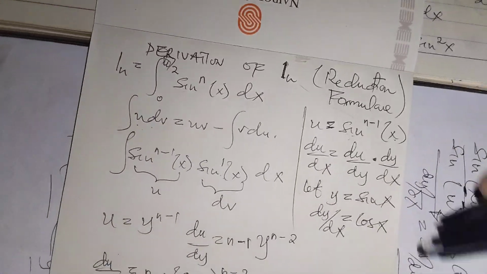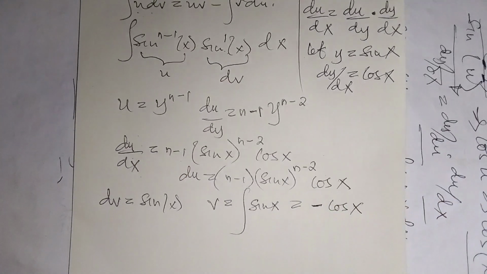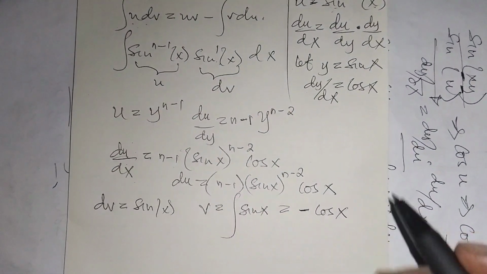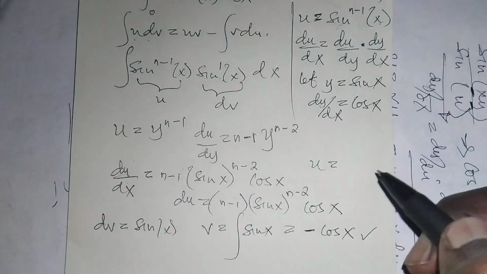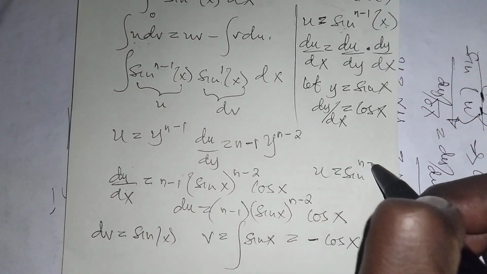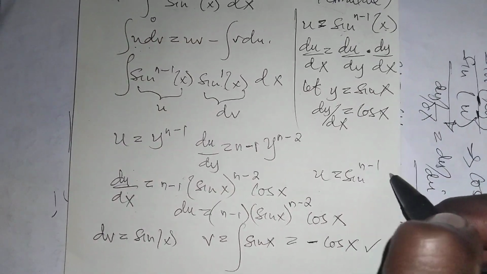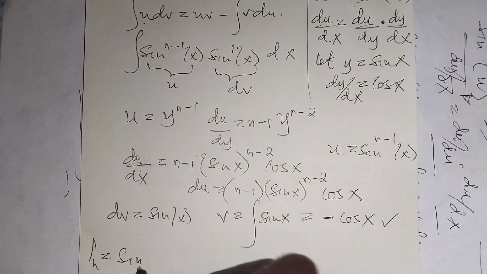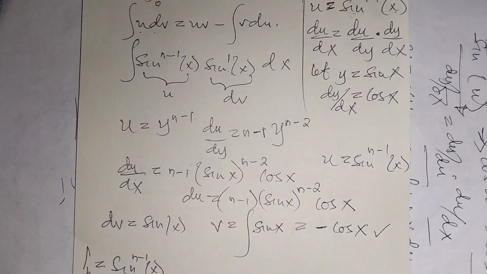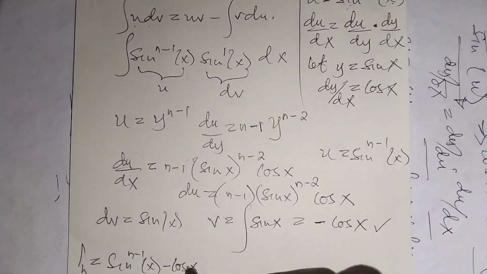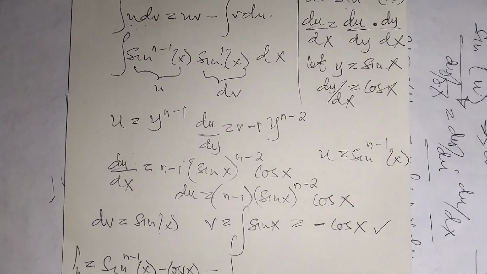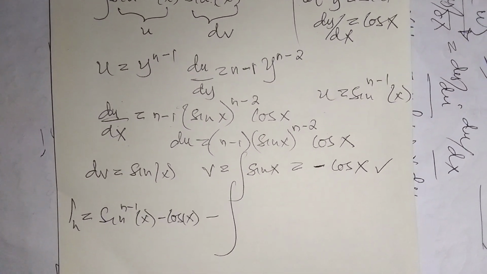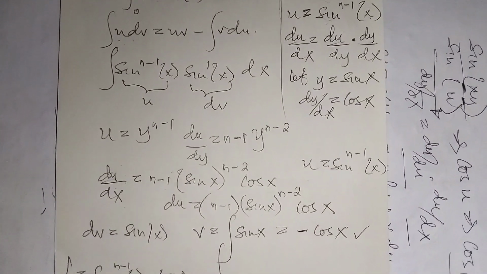Now we come and apply the formula. uv, we have our u, sine n minus 1 x, then v is negative cos x, minus the integral of v du.